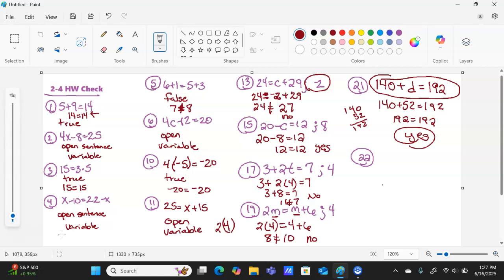22. A family's expenses are $1,200. One parent makes $850. Must the other earn $400 for both incomes to equal their expenses? So we have 850 from one parent, some unknown from the other parent, and we need it to add up to the $1,200 in expenses. So the question is, does this other parent, does this amount have to be 400?